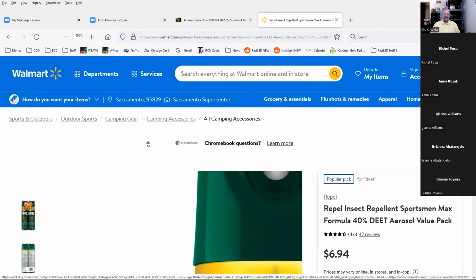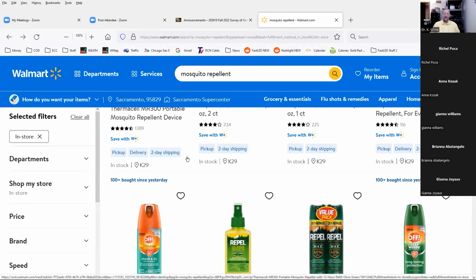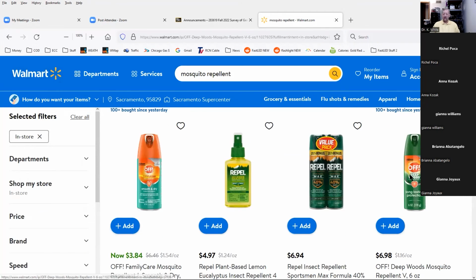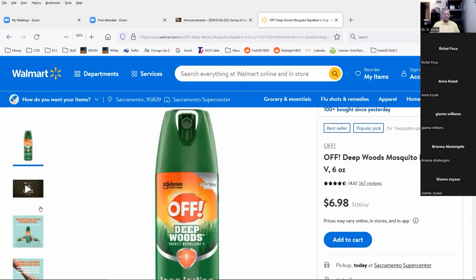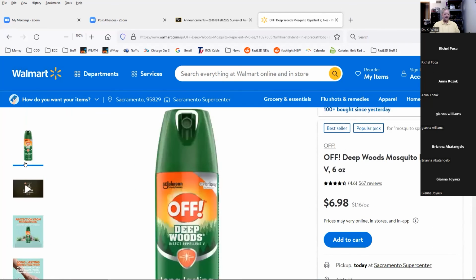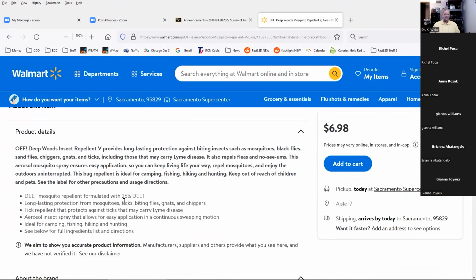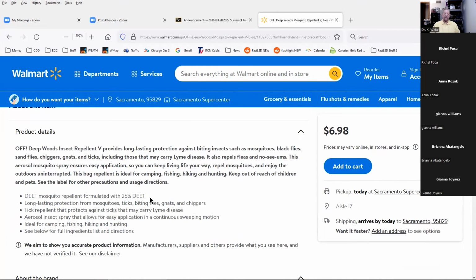Now, if you look at the Off Deep Woods, which I did, and you don't have the label here, but if you're in the store, here it is, that has 25% DEET.